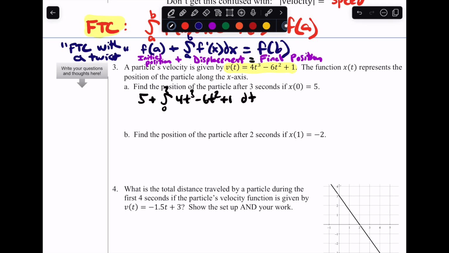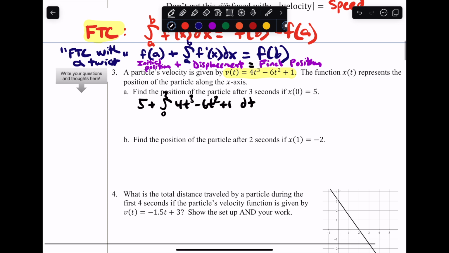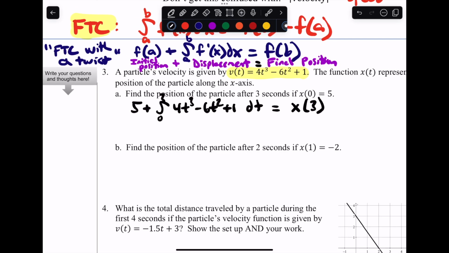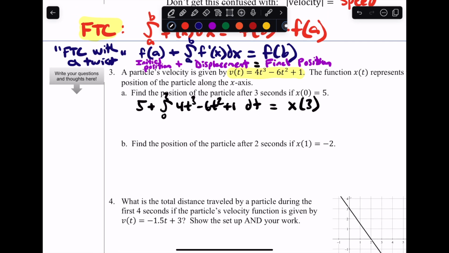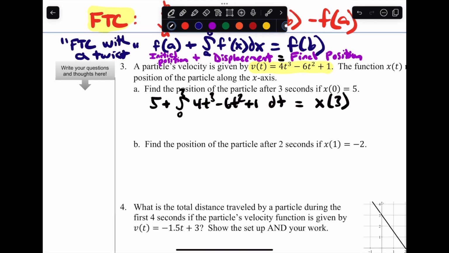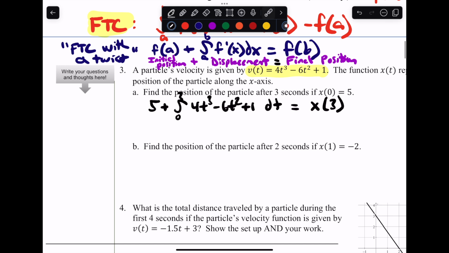And then if we add that initial position to that displacement, that's going to give us our final position, which in this case is going to be whatever x of 3 is. We, of course, can integrate this a couple of different ways, but since we're using calculators at least earlier in this lesson, I'm going to integrate this using my calculator.